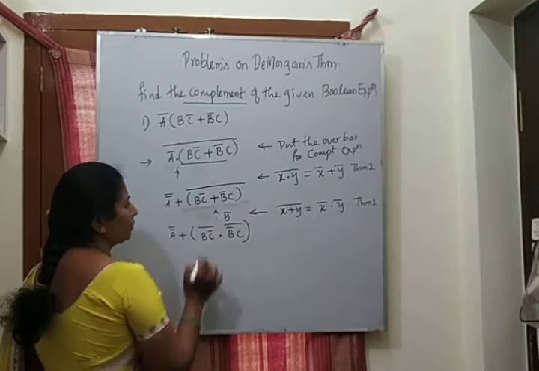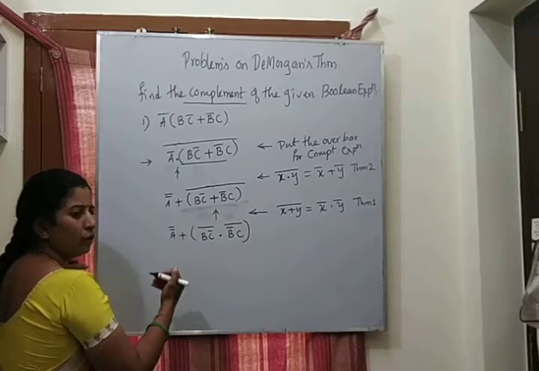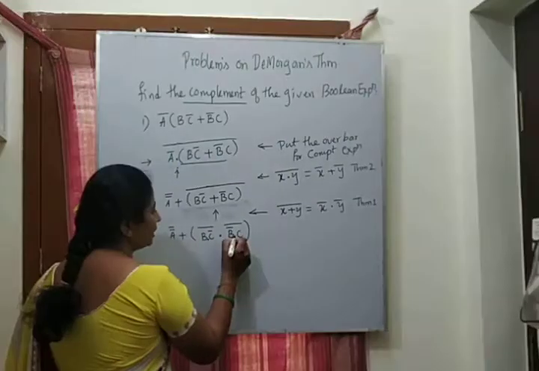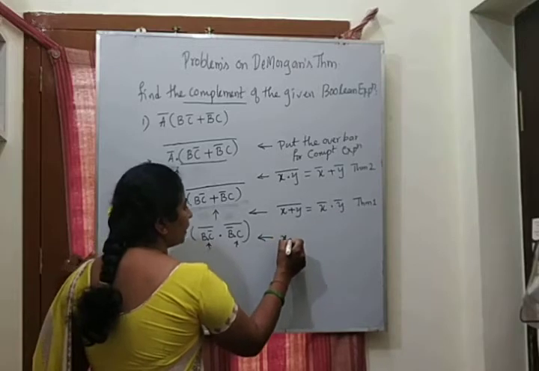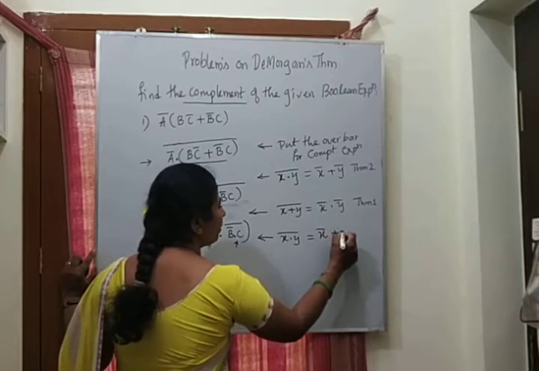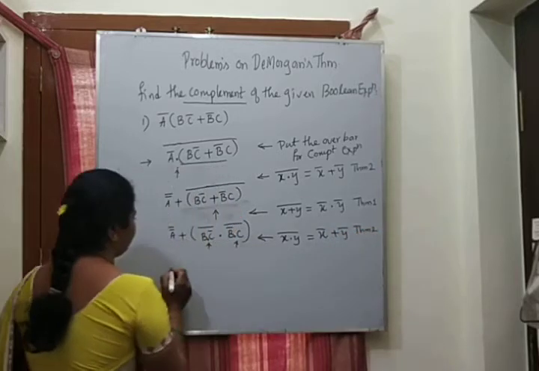Did you get it? Again no need to do anything else. Again here a dot is there. Again apply x dot y whole bar can be written as x complement plus y complement according to theorem number 2.